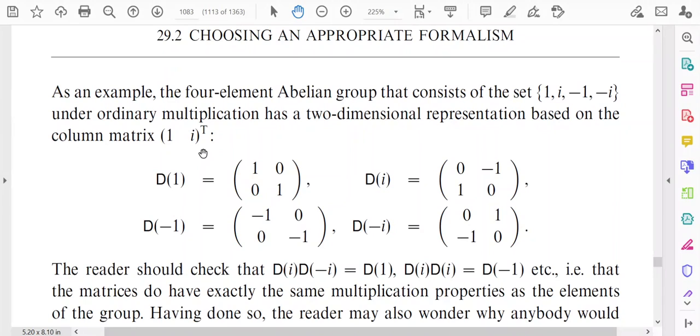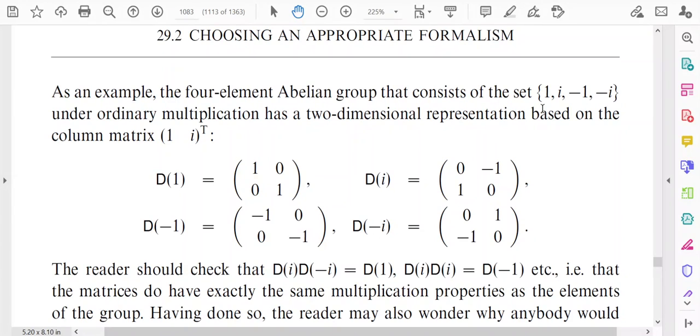Now if we want to find the representation corresponding to this particular group, then we have to pick elements. Suppose at first we are choosing the element 1. Suppose this is x. At first we check the operation of x on the components of the basis vector.